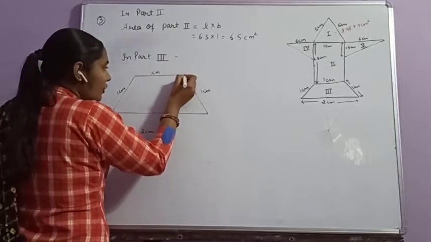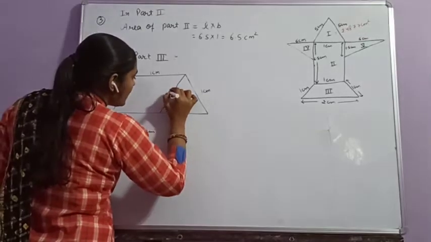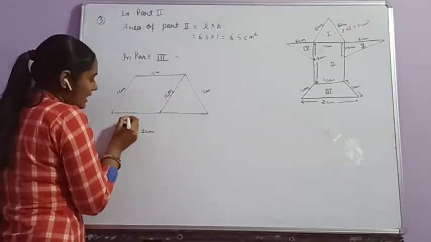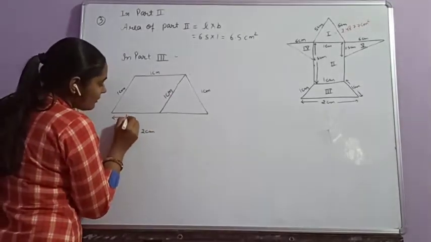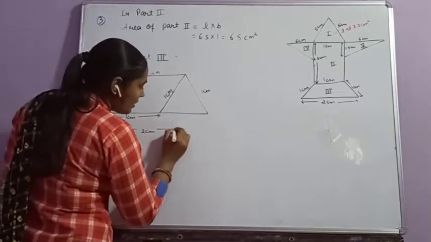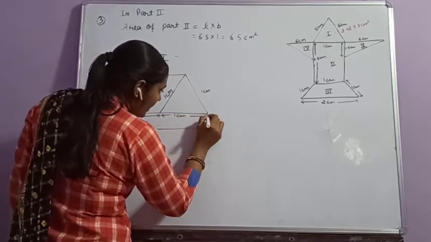Okay, if we draw a line parallel to that line, it will also have length equal to 1 centimeter. Opposite sides are equal, so that will be 1 centimeter, and the total length is 2 centimeter, so it will be 1 centimeter. Clear?